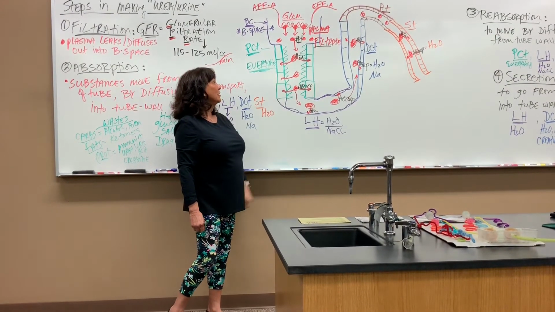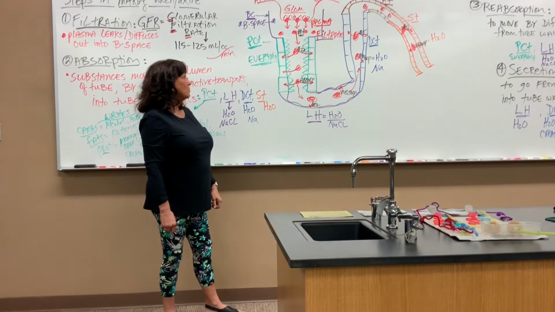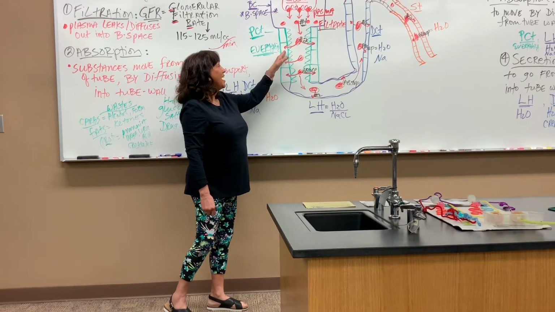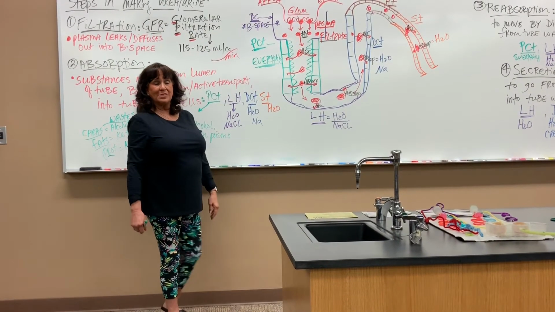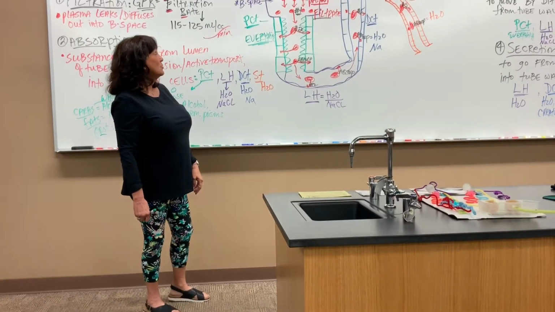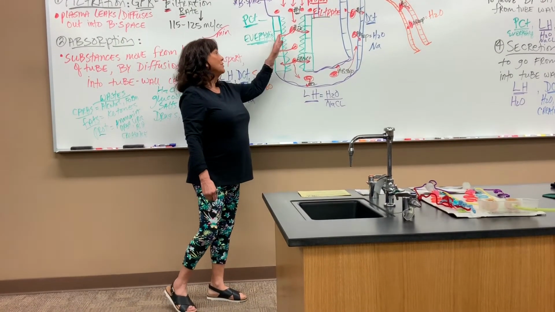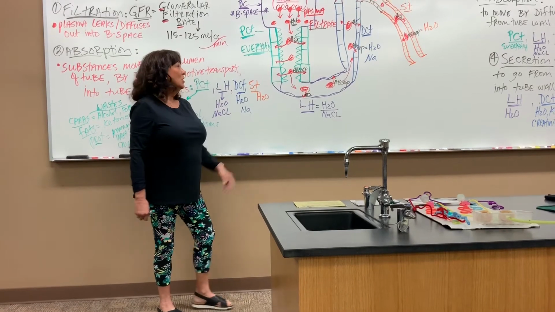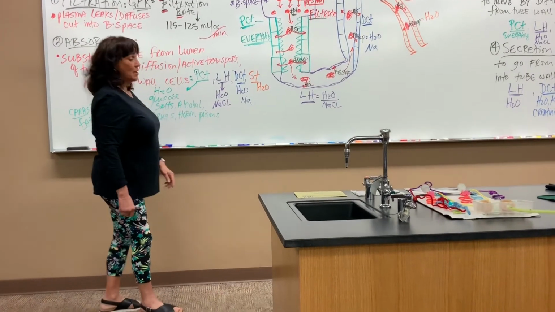Creatinine could be coming in here from muscle metabolism. So basically, it's going to have a lot of products, even poisons, if you ingested some poisons. So it can absorb everything and anything into these PCT cells, right? So everything is an understatement.